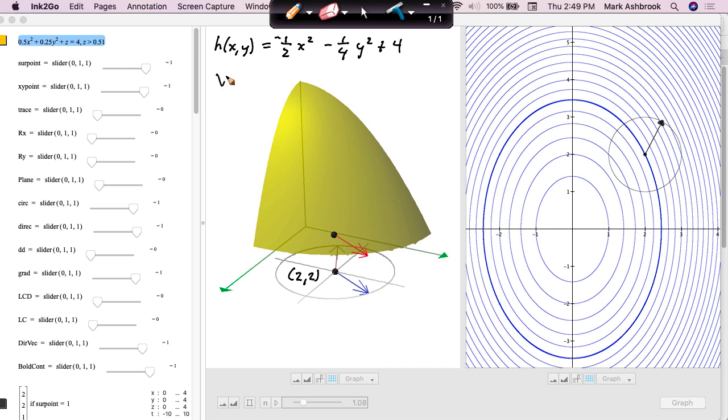And we found that the partial with respect to x is negative x and negative 1/2 y. So then at 2, 2, the gradient is negative 2, negative 1, right?